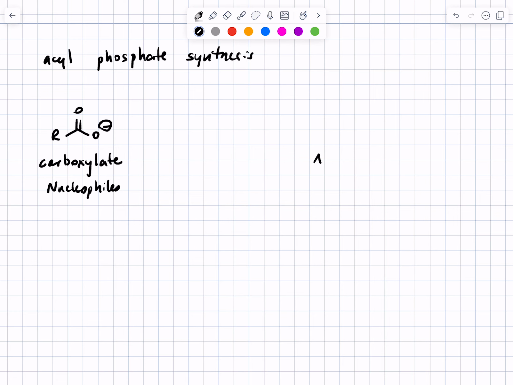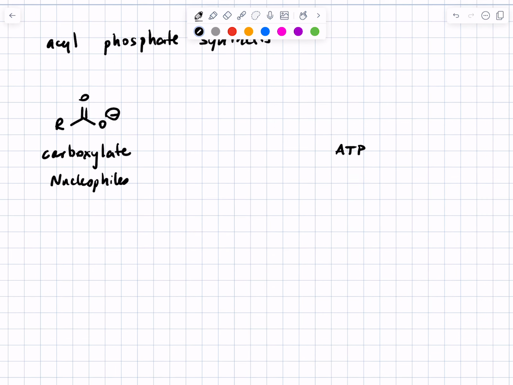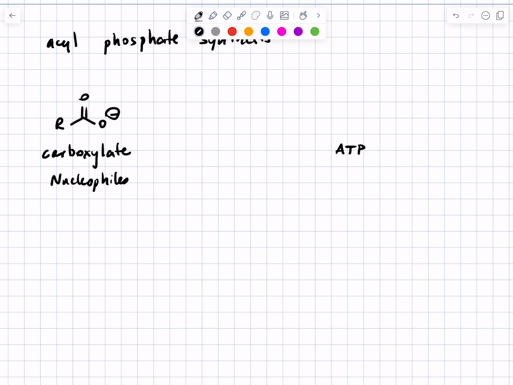The reactive partner is ATP, adenosine triphosphate. So, if you've buckled up and took your vitamins like President Nelson suggested, get ready to draw this large molecule. Come on, it's not that bad.